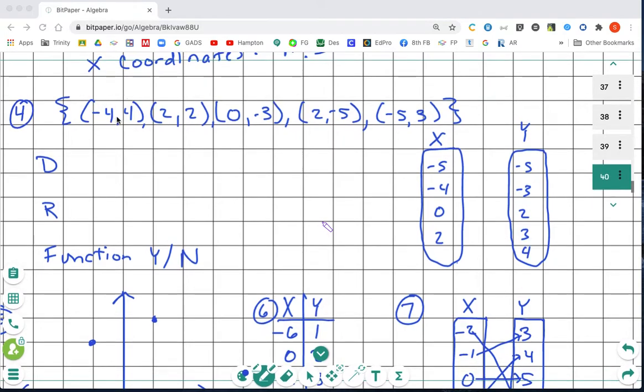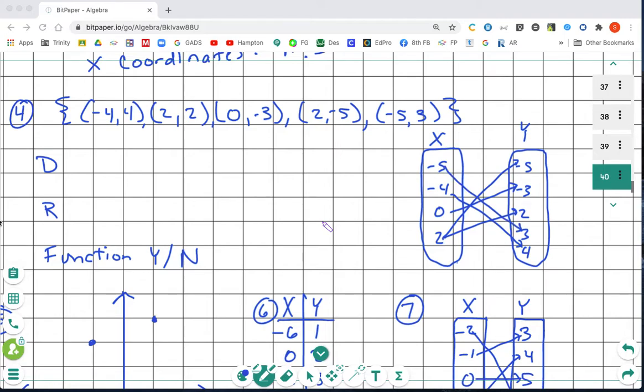Now I'm going to take a look at the ordered pairs and map them. So -4 goes to 4, 2 goes to 2, 0 goes to -3, 2 goes to -5, and -5 goes to 3.